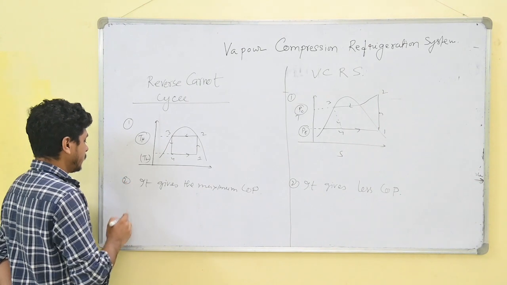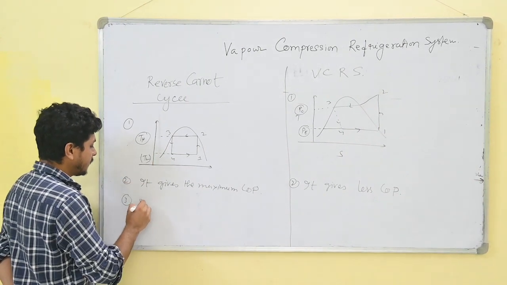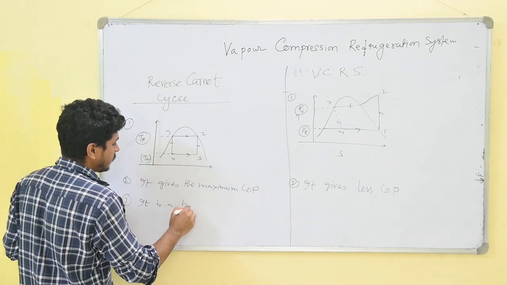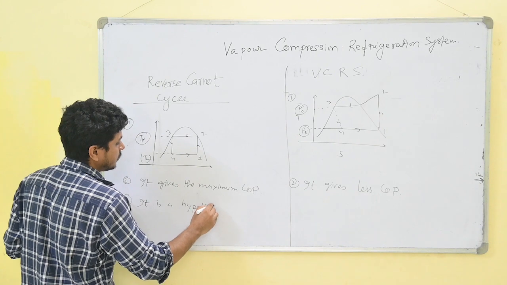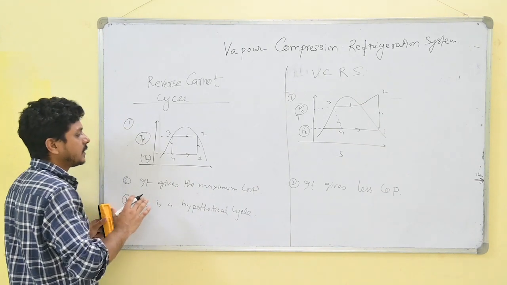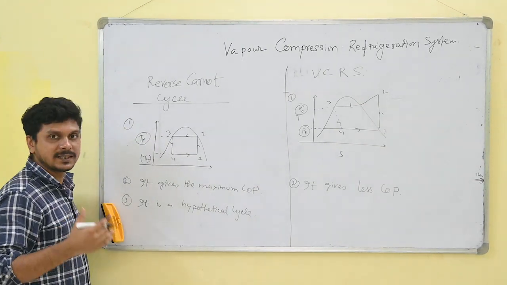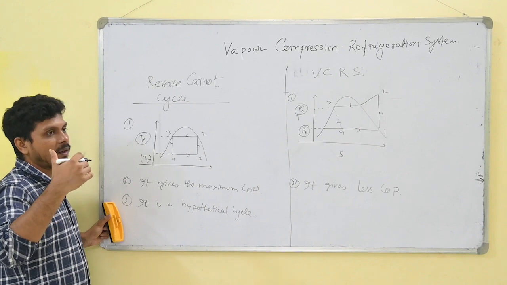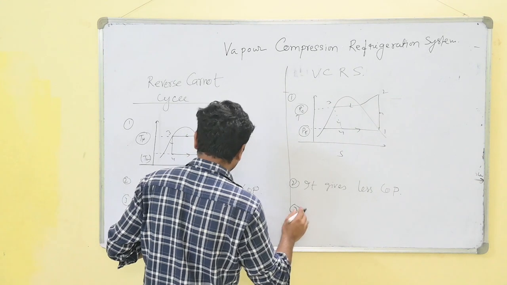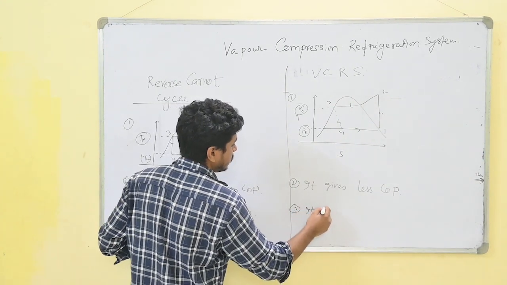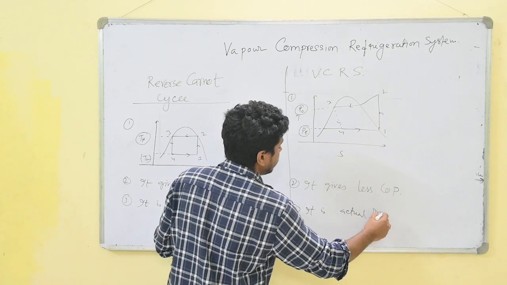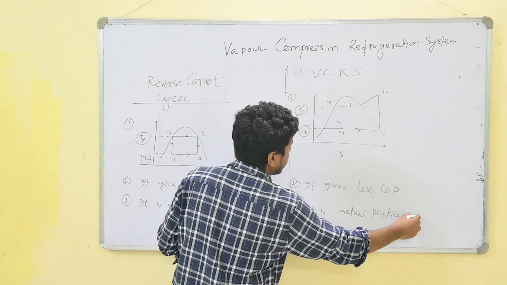But in reality, the reverse Carnot cycle is a hypothetical cycle. We do not use it in any refrigeration system like a domestic refrigerator or air conditioning system, and the vapor compression cycle is the actual practical cycle.